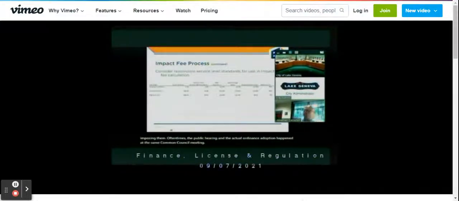So just to talk about that process in terms of what it might look like, this example is a park example, but you really have to consider reasonable service level standards when you talk about imposing an impact fee.